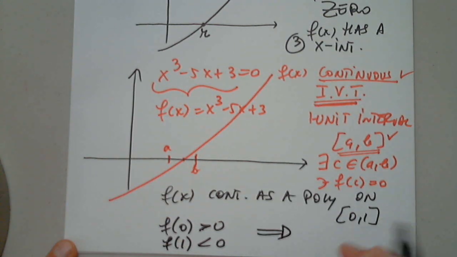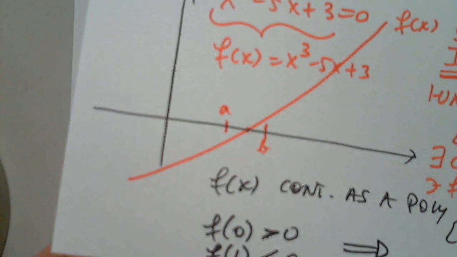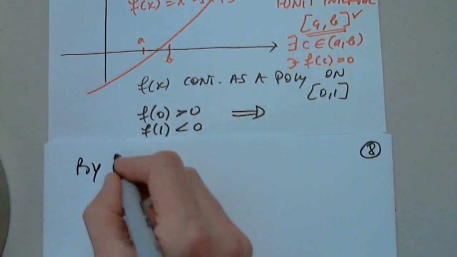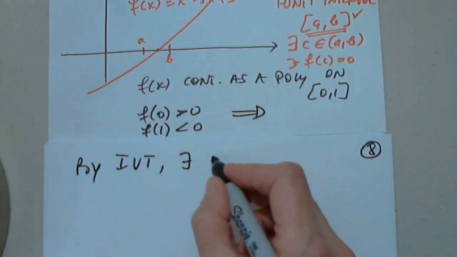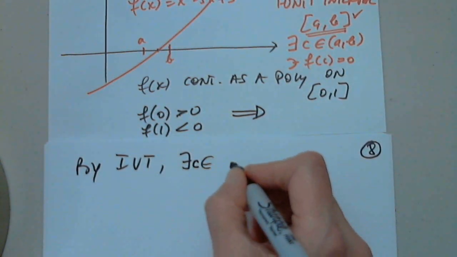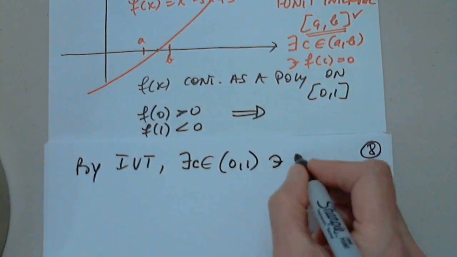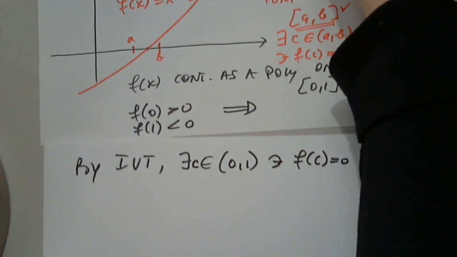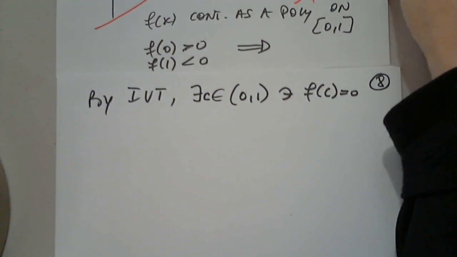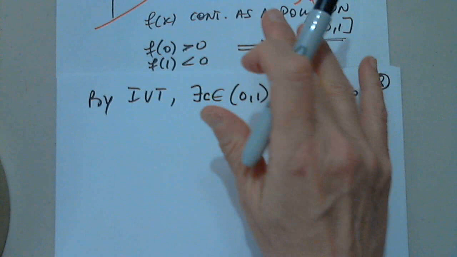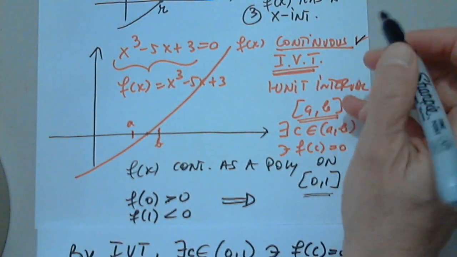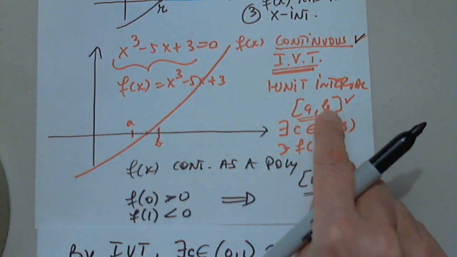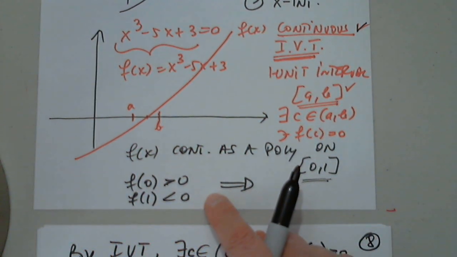So therefore, I would write by IVT, there exists a c in the open interval (0, 1) such that f of c is 0. So I know there is a solution. So these are the absolute first steps. We have to find the interval. And we find the interval only for a continuous function, and only if I find a 1-unit interval where the function changes sign. And we did.